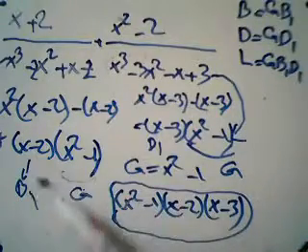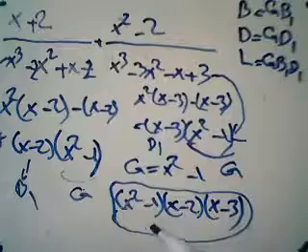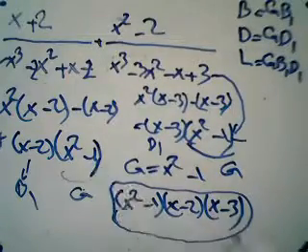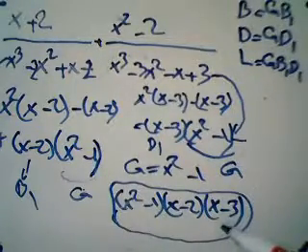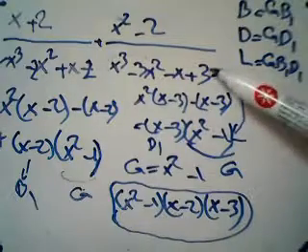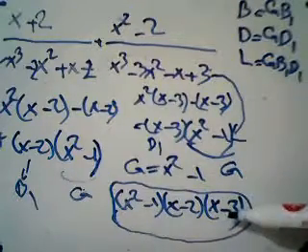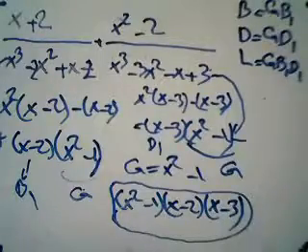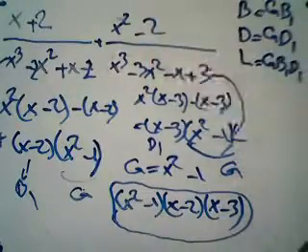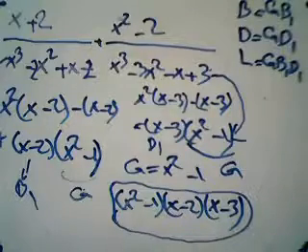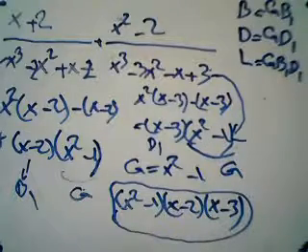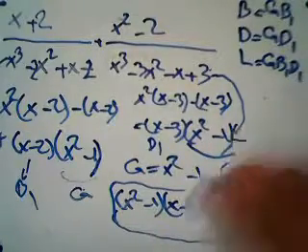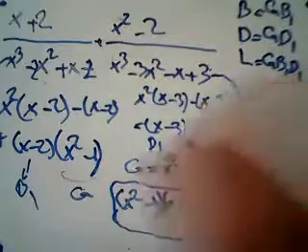In order to make it equal to this, we should multiply it by x minus 3, and in order to make it equal to this, we should multiply it by x minus 2, and also the denominators. So you could do it for practice if you like.